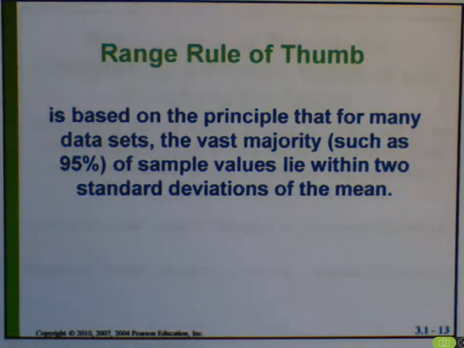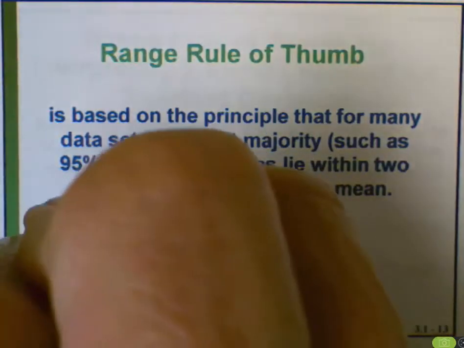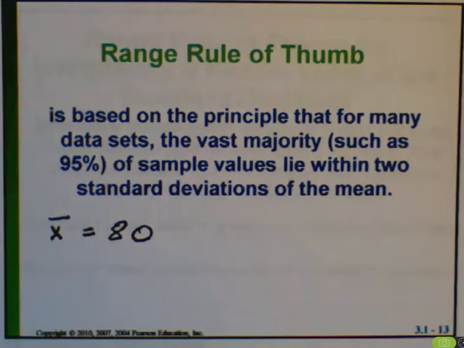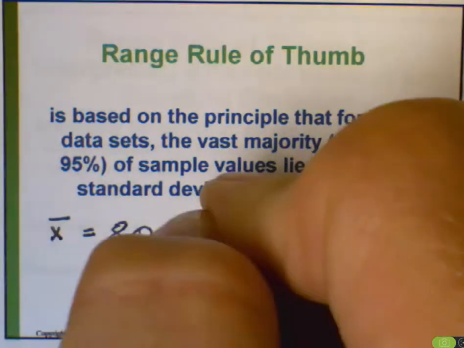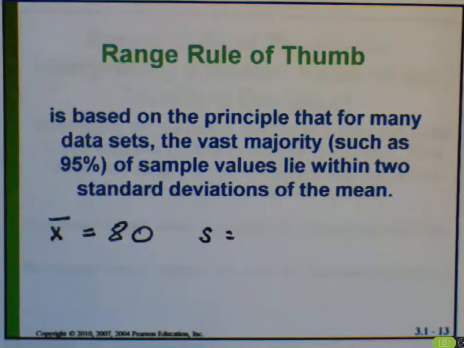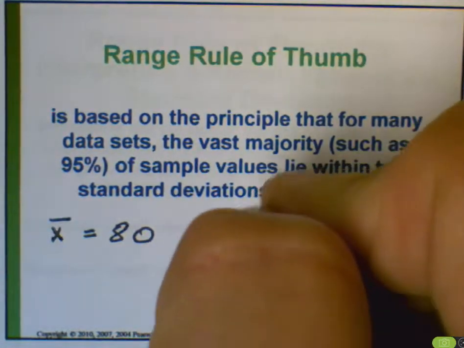Now, let me make sure you understand what that means. Let's say I was talking about a sample of test scores, and the mean of my sample was 80. X bar is the mean, and the standard deviation for my sample set of test scores, which is s, is 10.